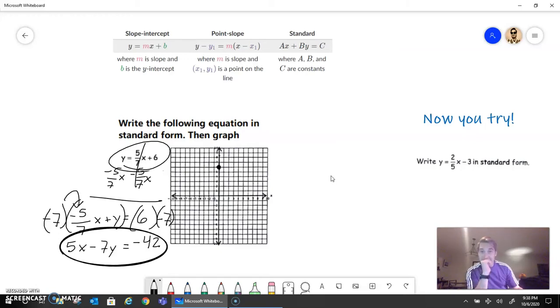And I'm just going to go up 5, 1, 2, 3, 4, 5, and I'm going over 7, 1, 2, 3, 4, 5, 6, 7. And I'm going to do the same thing down here. For the sake of time, I'm just going to connect these, but I don't want you taking any shortcuts. I'd want you to graph exactly, or at least have enough points that you would know exactly, or nearly exactly, where that would pass through the x-axis.